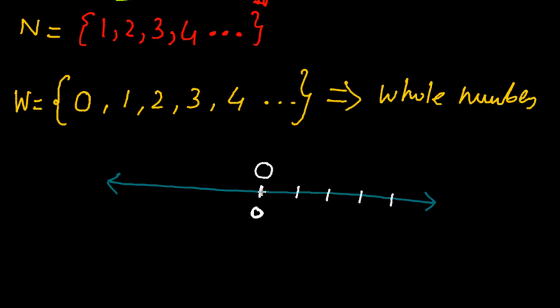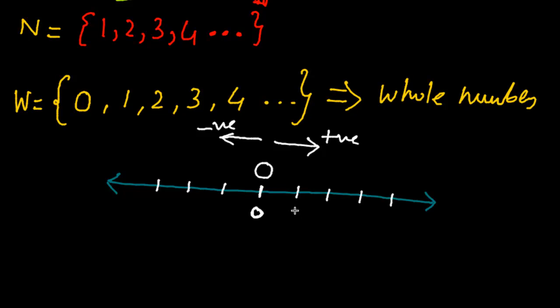The positive part starts from here. As we move to the right side, it will be positive. All the numbers on the right side will be positive and keep on increasing. All the numbers on the left side would be negative, and as these numbers are negative, they will keep on decreasing. This side also there will be some divisions.